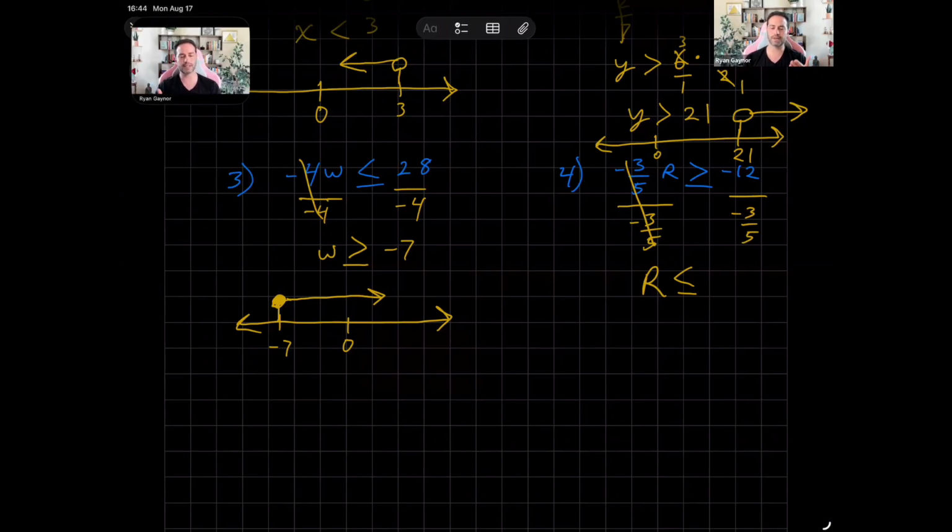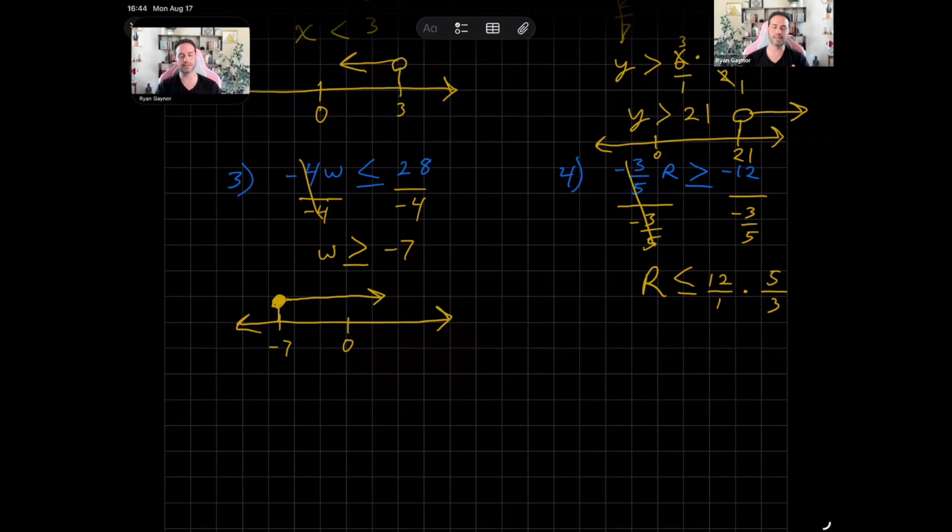And then notice that we have a negative 12 divided by a negative 3/5. Well, negative divided by negative is positive, so you see how the sign is going to change. And now I have to do the keep change flip, or you can call it multiply by the reciprocal. So we have 12, well, let's call it 12 over 1, times the reciprocal, or the flip, 5 over 3.